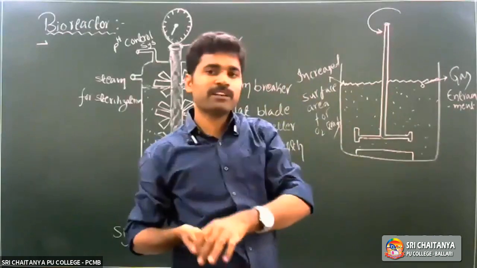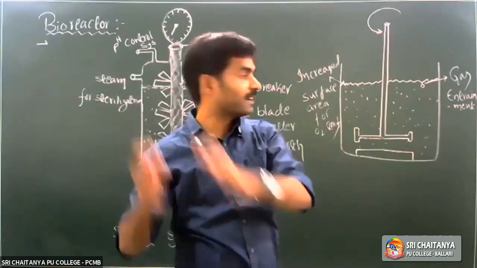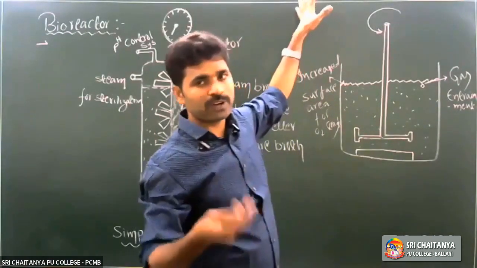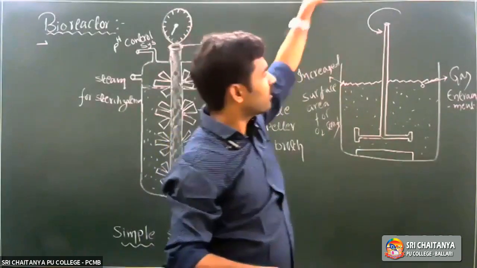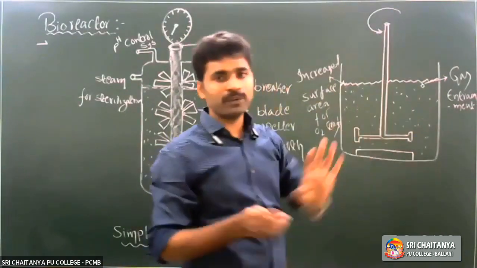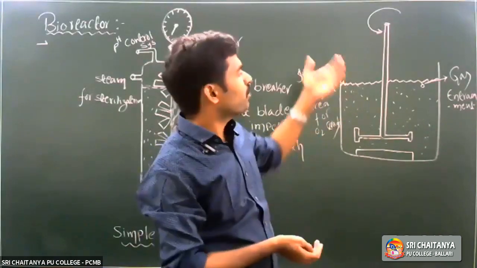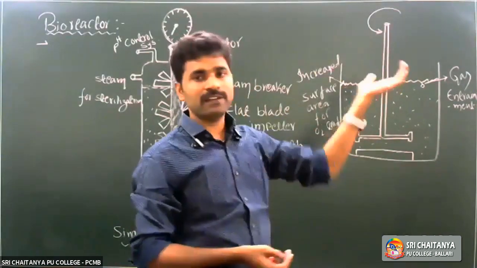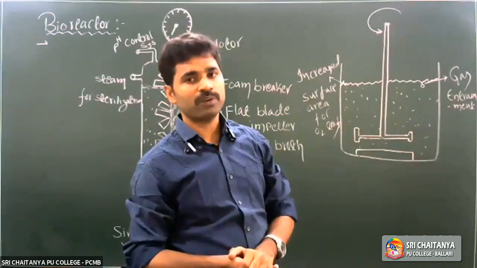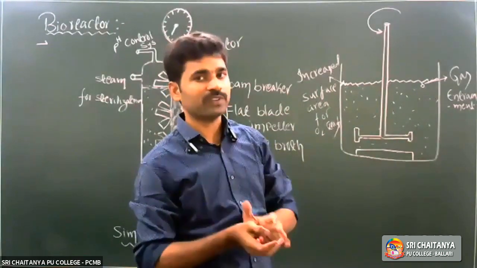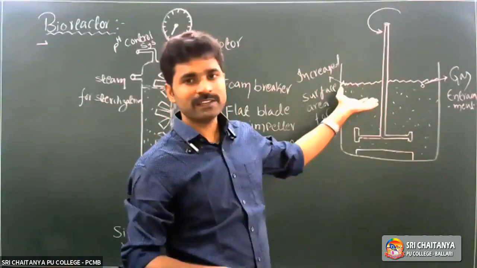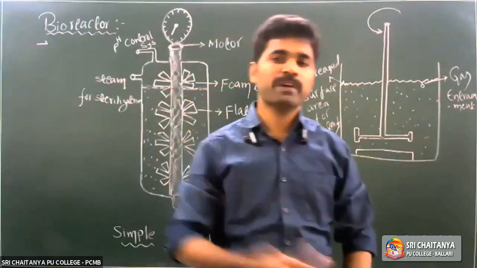So we collected recombinant cells in the previous step. Now those recombinant cells, whatever they may be, when we transferred them into the bioreactor, which contains nutrient medium, biologically that raw material is converted into the desirable product. But how? Because the bacterial cells in favorable conditions undergo binary fission.